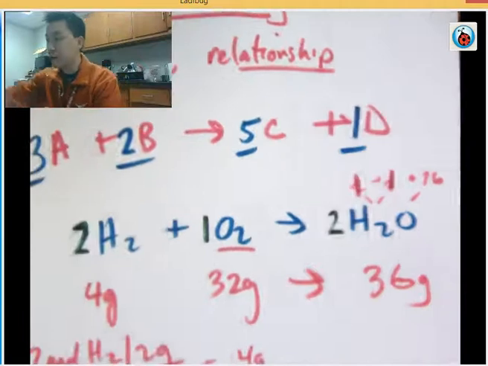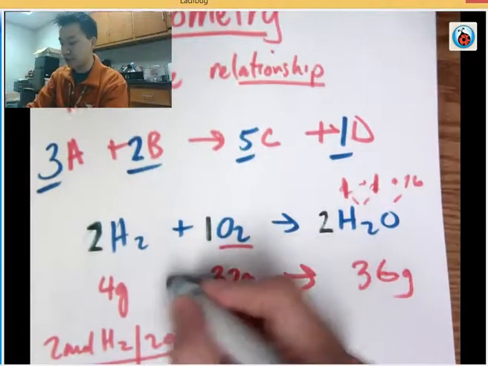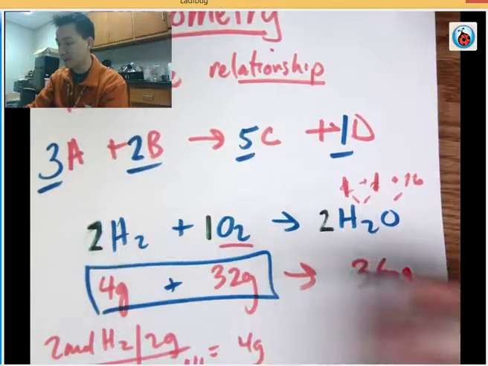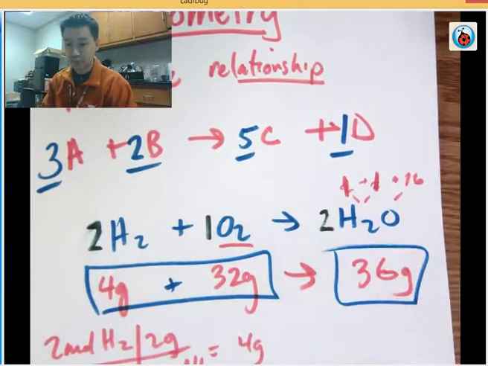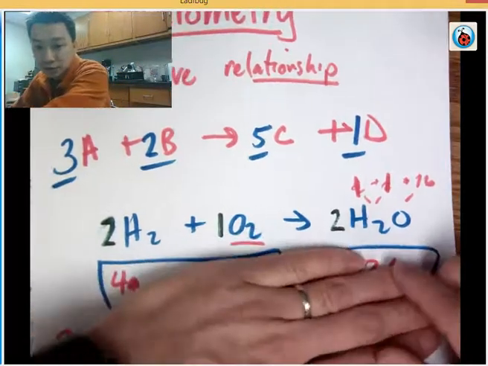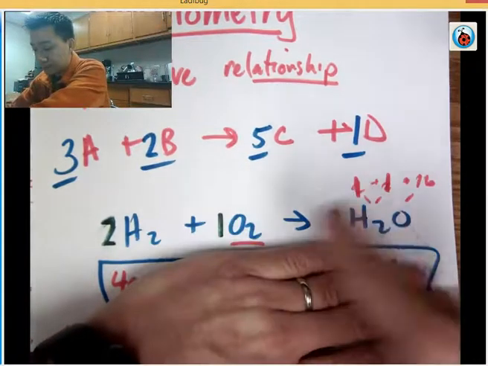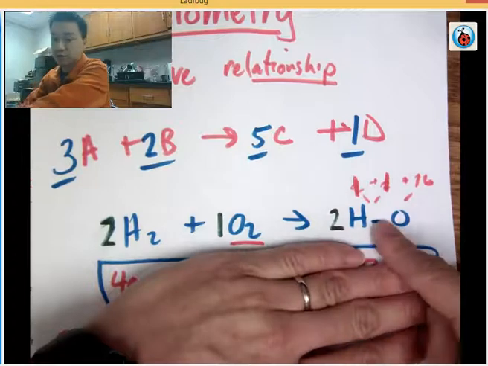Okay, so you notice the law of conservation of mass is conserved, because 32 plus 4 is equal to 36. Alright? But the equation, if you cover that up, only shows you moles, 2 moles, not 4 grams. 1 mole of oxygen gives you 2 moles of water.